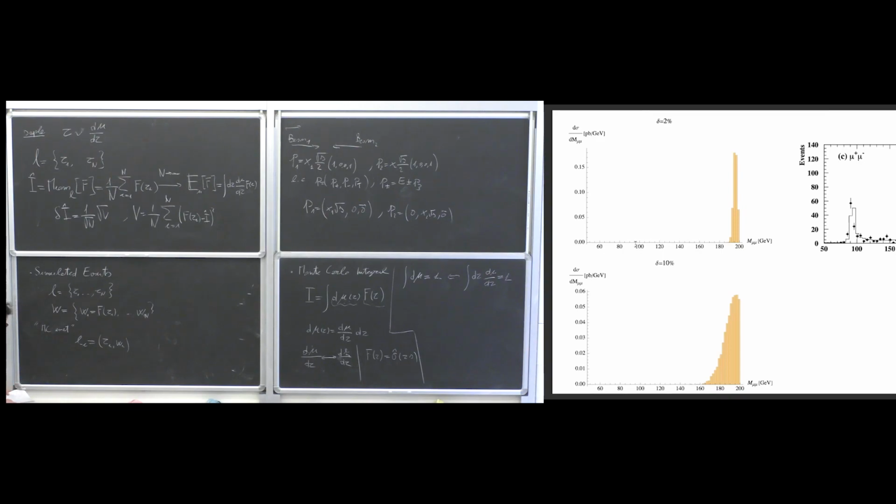This, in general, describes the kinematical configuration that you are probing. For us, it's just a tau variable, but it could be the full four-momentum of all particles in the event. And w_i is the weight associated to that event.